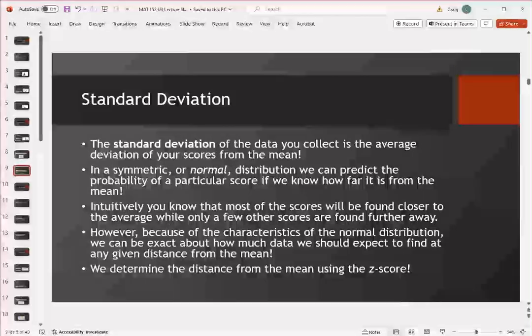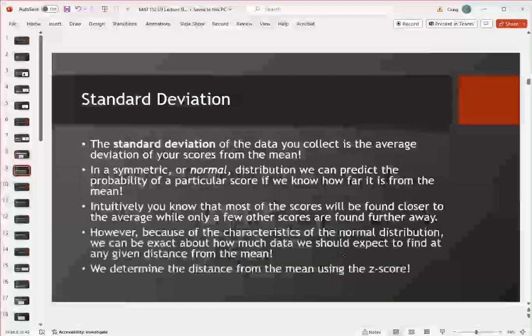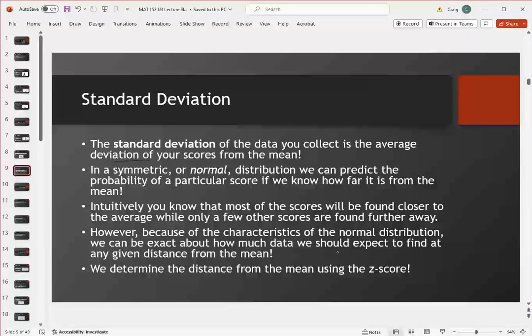And if we know that a distribution or a variable is normal or symmetric, we can use this natural shape that you see in the data to predict the probability of finding some particular value if we know how far that value is away from the mean. Okay? If we are just going to choose things randomly and ask questions, let's say we're going to randomly choose someone and compare their height to the average height of people in the country.